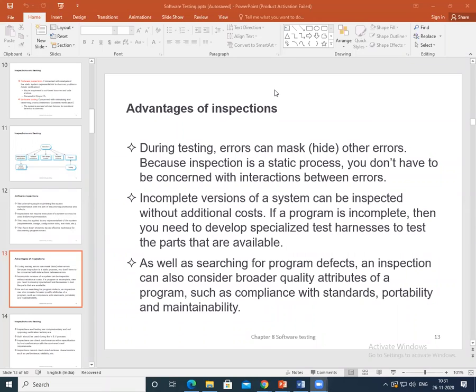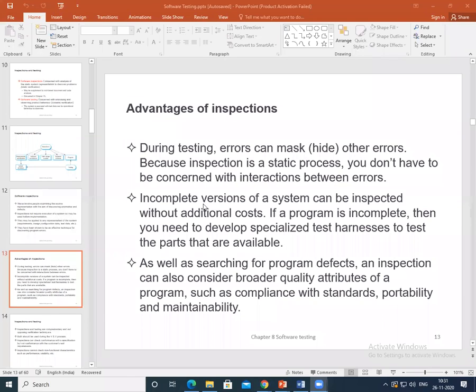So second advantages of... so these are all the advantages of testing over the inspection.